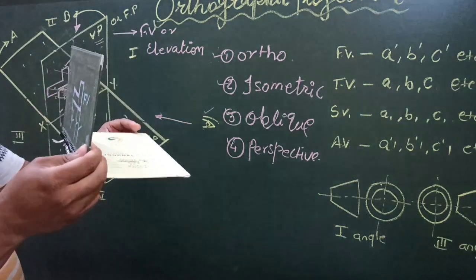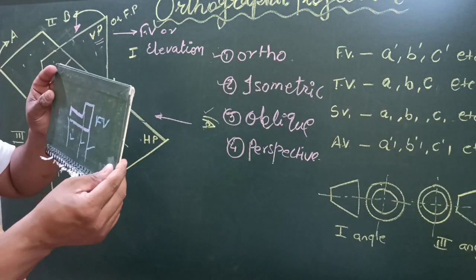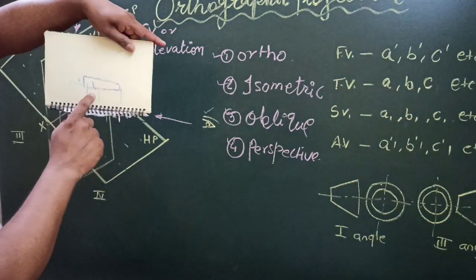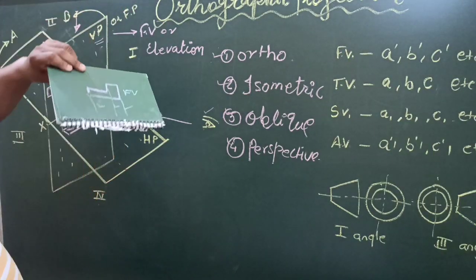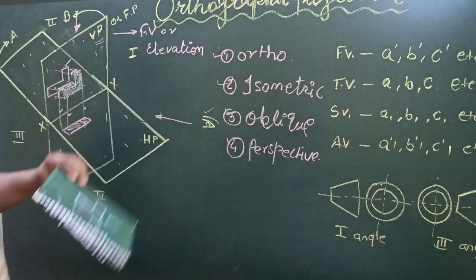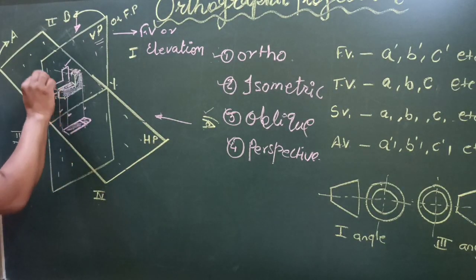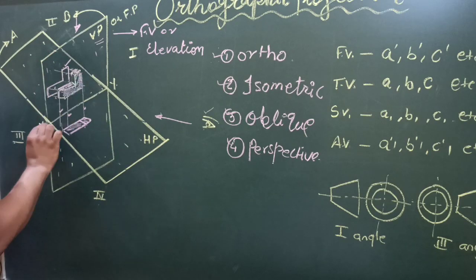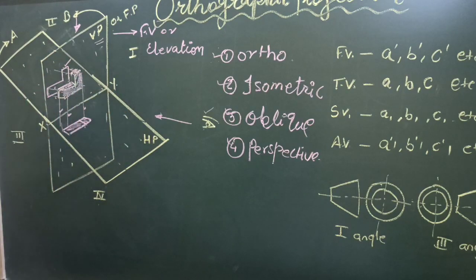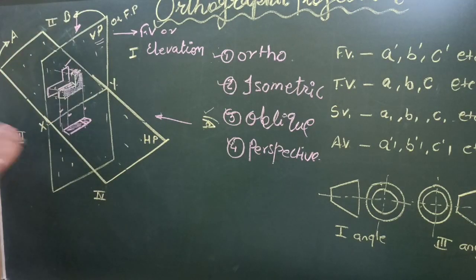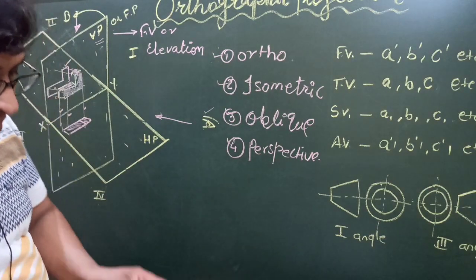Now when we rotate it by 90 degrees, the front view and top view diagrams may overlap with each other. So both the top view and front view come above the XY line in case of the second quadrant or second angle projection. In third angle projection, what will happen?